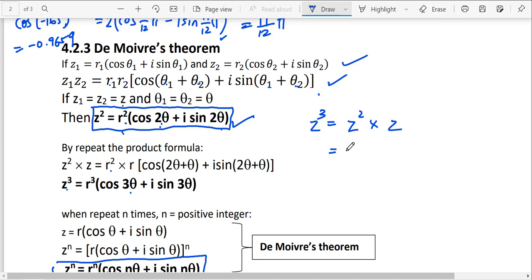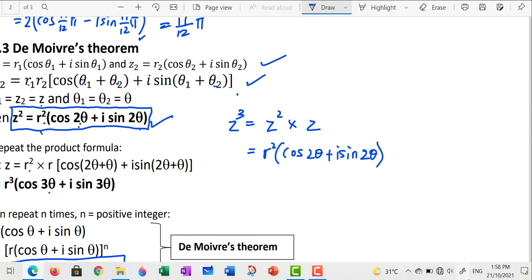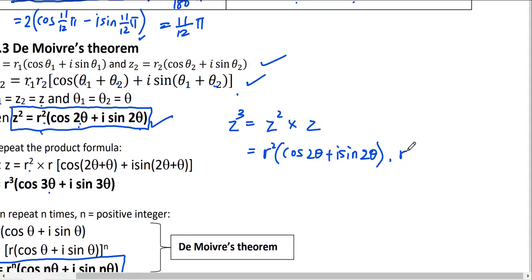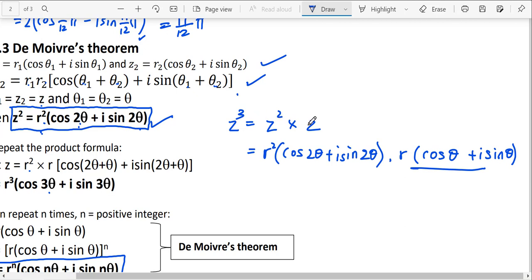So the Z squared actually is r squared, cos 2 theta plus i sine 2 theta. The Z is r cos theta plus i sine theta. Means Z squared times Z. So it will become r cubed, cos 2 theta plus theta is cos 3 theta, plus i sine 3 theta.